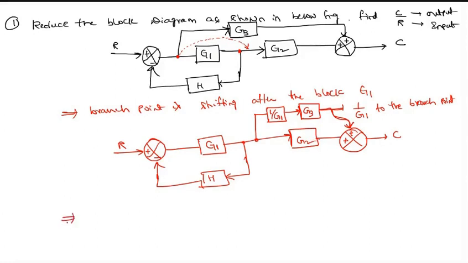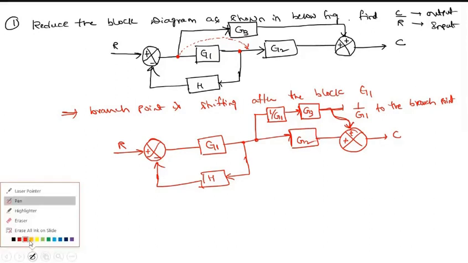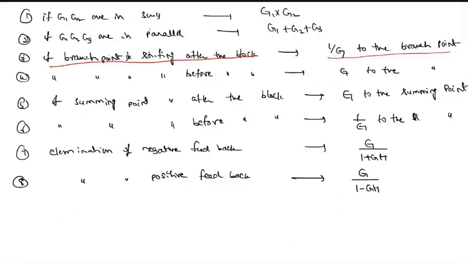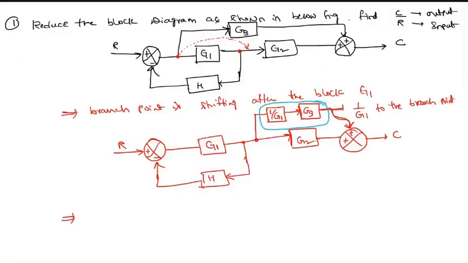Then coming to the second step. These two are now in series. Already in the very first law: if G1, G2 are connected in series, what is the result? G1 and G2. Like that, these two are in series, one case.